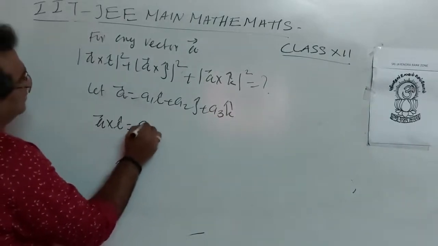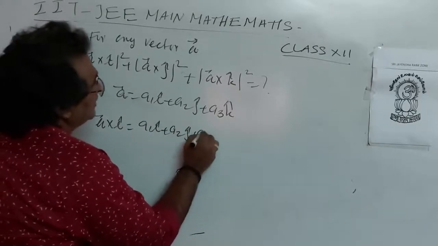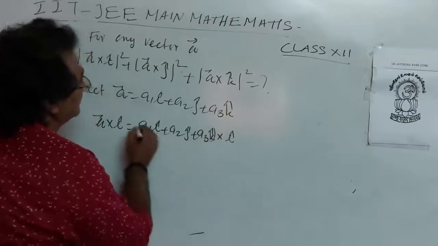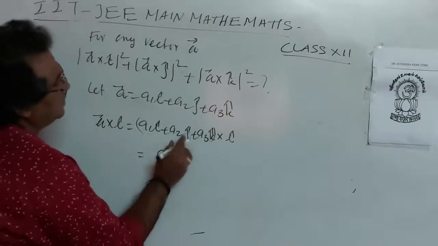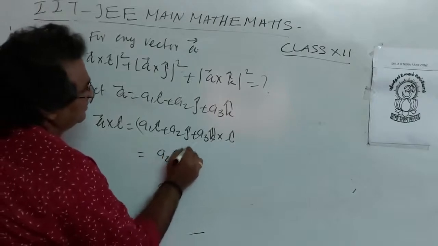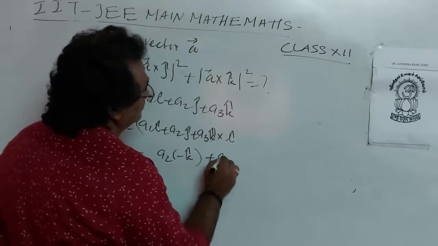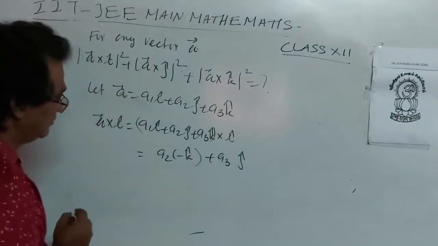A cross i is (A1i plus A2j plus A3k) cross i: i cross i is 0, j cross i is minus k, k cross i is j.